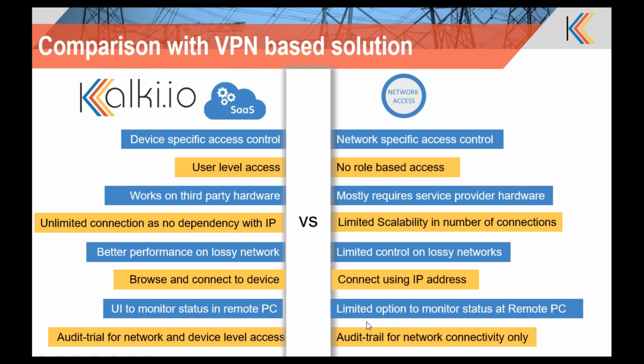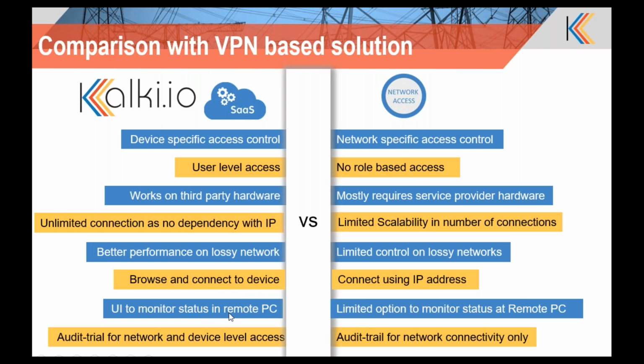And in the case of a VPN-based solution, there's a limited option to monitor the status of the remote PC. We cannot have information on what is happening at the network level, how many packets are being transferred, or what the latency of the network is. All the diagnostics and monitoring options are limited in a VPN-based solution.